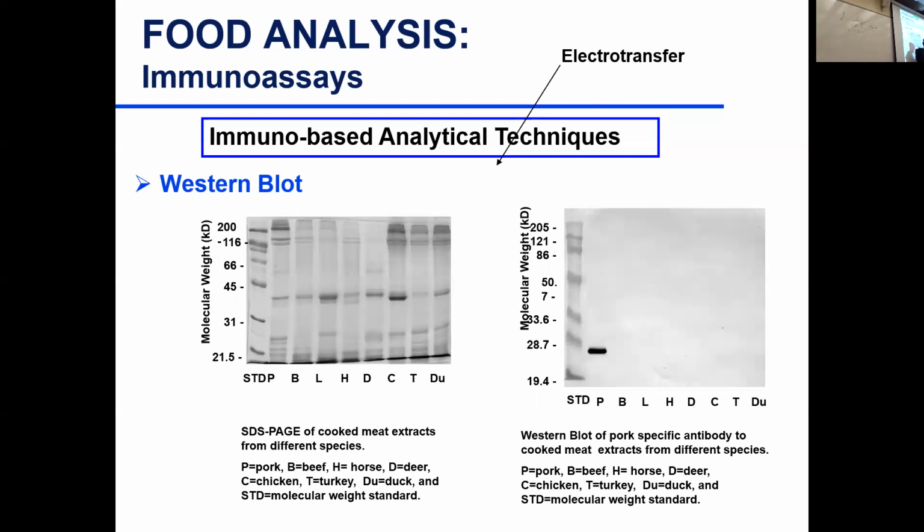Then when you do the transfer and then you incubate with the antibody for the pork, then you only see a color attenuated at that specific band, and nothing else reacts. That's one way of authenticating the source of protein you have in your meat sample.